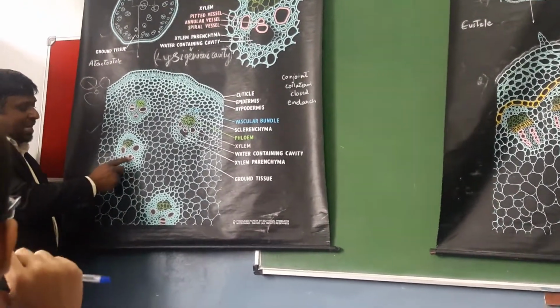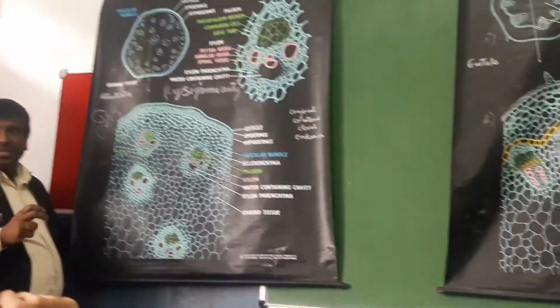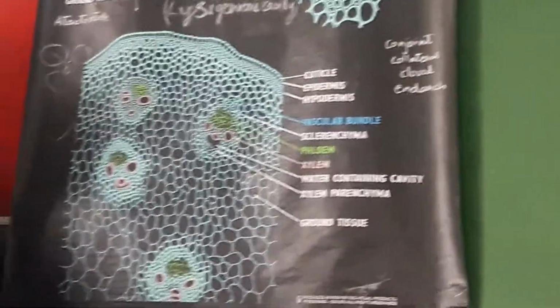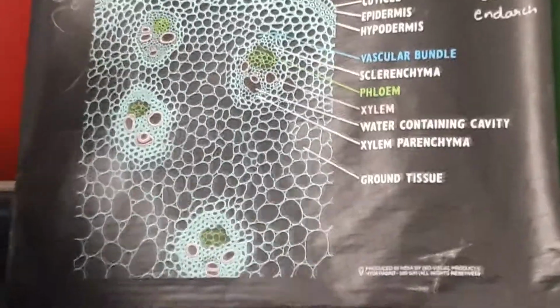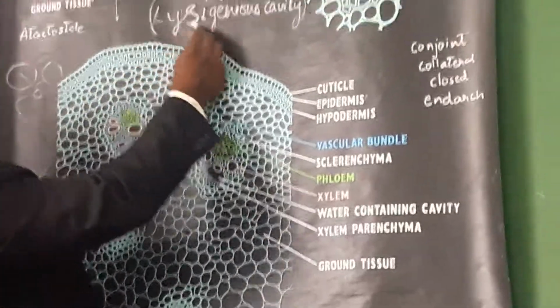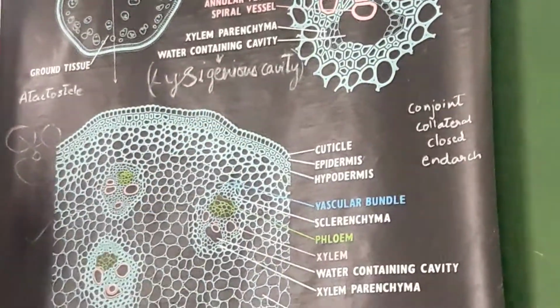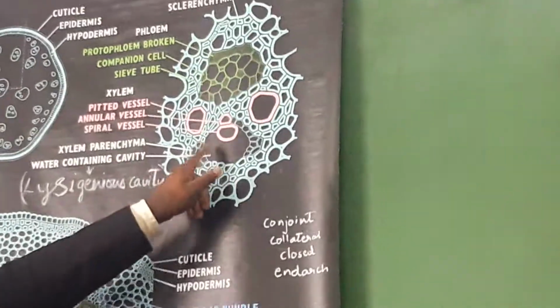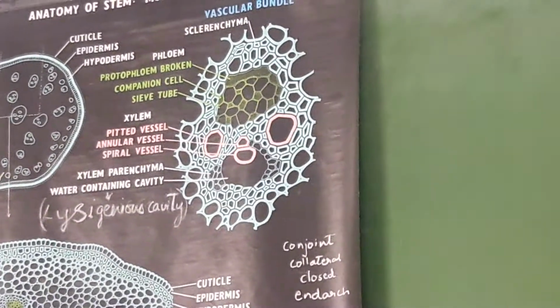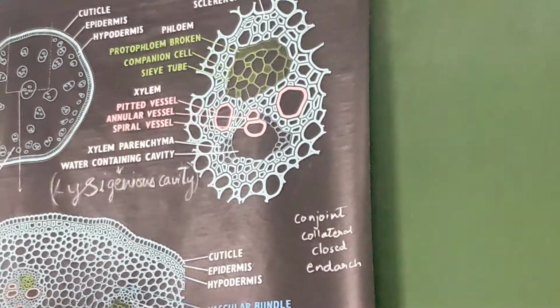Some of the protoxylem are crushed and they store water, which we call a lysigenous cavity. What do we call this? Water containing cavity as lysigenous cavity. They are formed by the crushing of protoxylem elements.